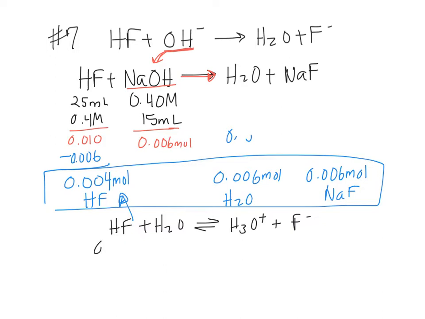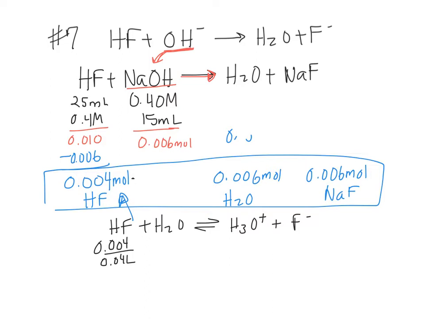And now we have a starting amount of 0.004 moles, but we should put this into concentrations. So this is going to be an initial concentration of 0.004 moles, but now we're in a total of 40 milliliters, so 0.04 liters.